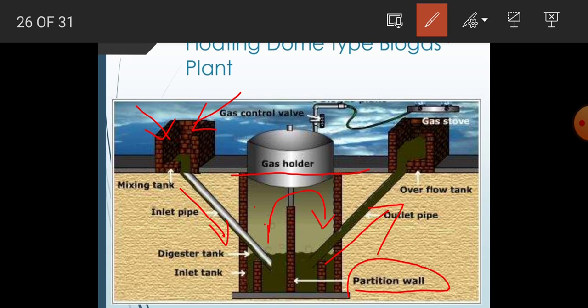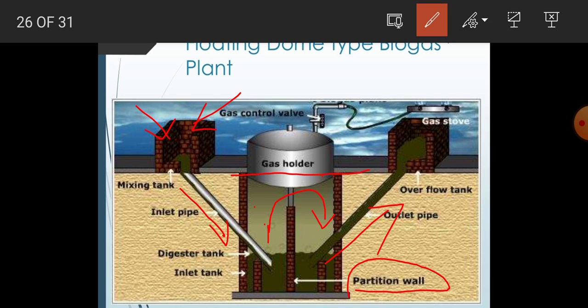With the help of this partition wall, both bacteria get different conditions for decomposing the slurry. This is the main function of the partition wall.